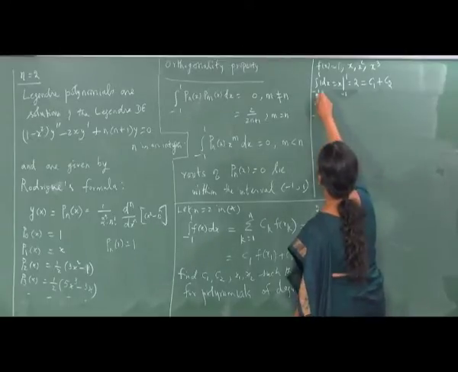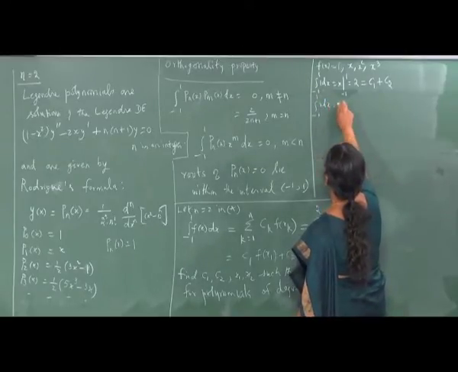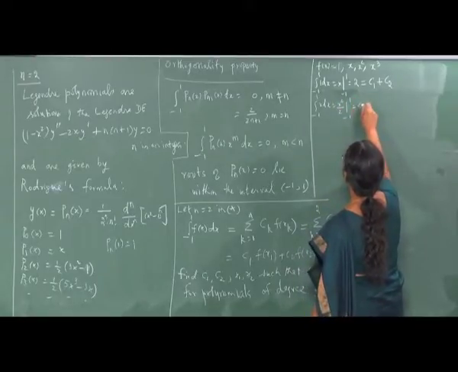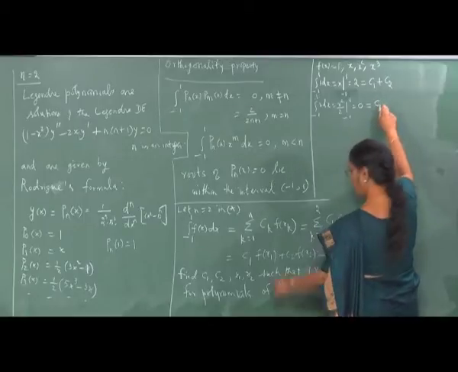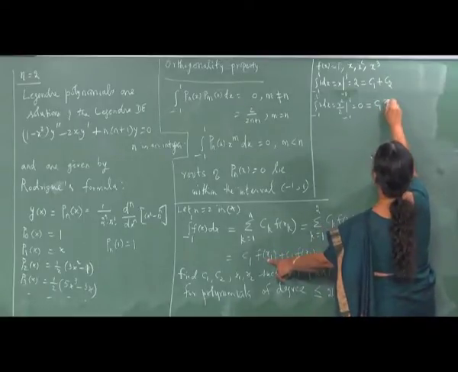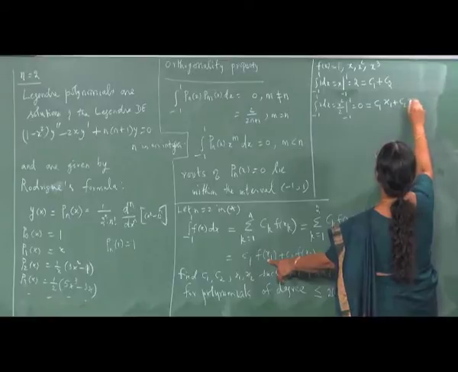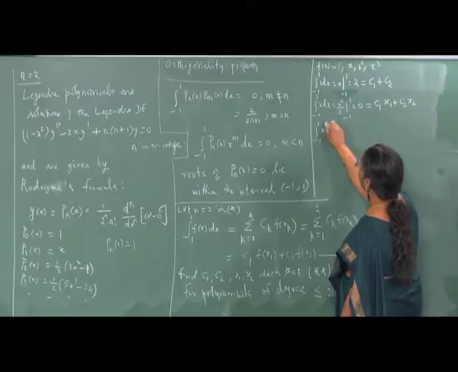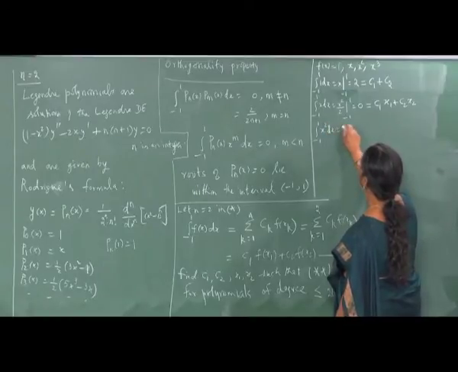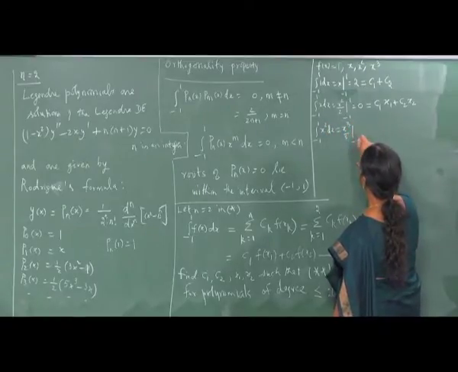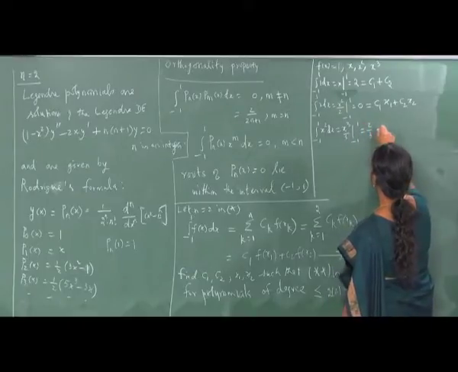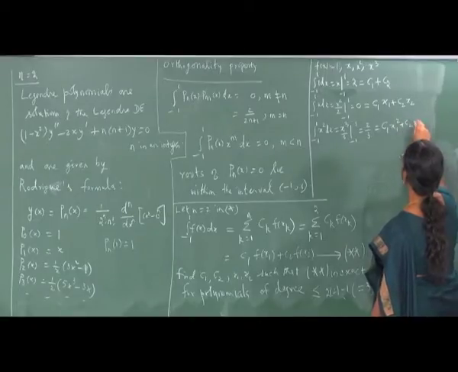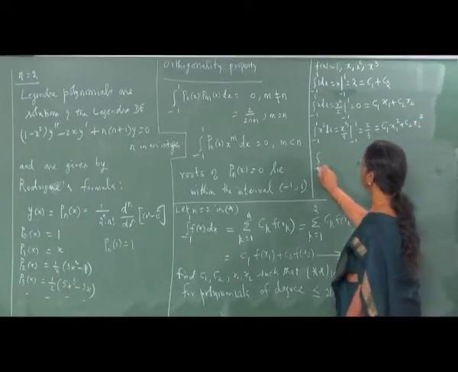Then integral minus 1 to 1 x dx is x square by 2 between minus 1 and 1, and that will be 0, and that will give you c1 into f of x1 is x1 plus c2 into f of x2 is x2. Then integral minus 1 to 1 x square dx will be x cube by 3 between minus 1 and 1. So, that will give you 2 by 3 equal to c1 into x1 square plus c2 into x2 square.